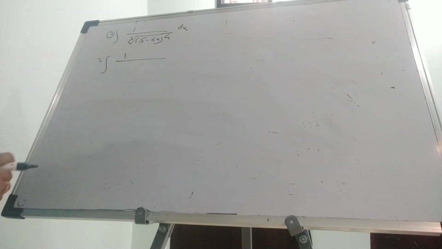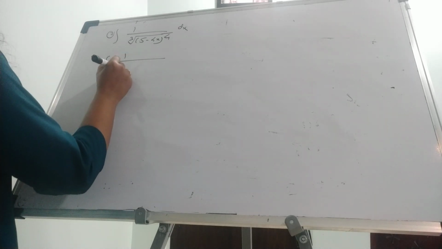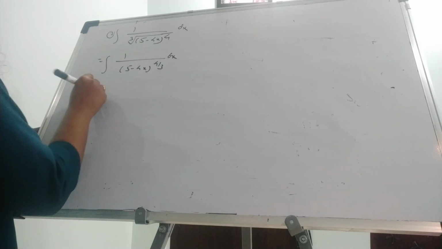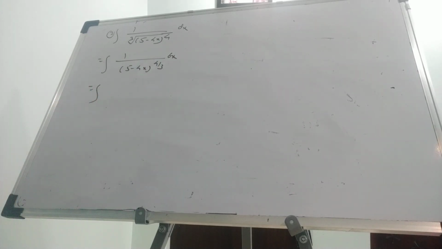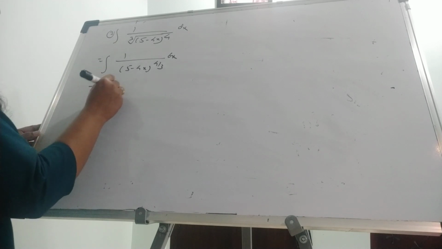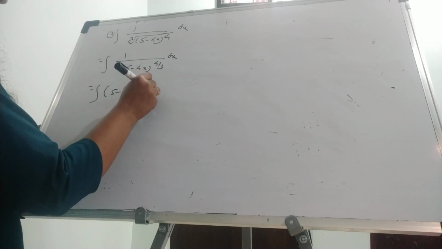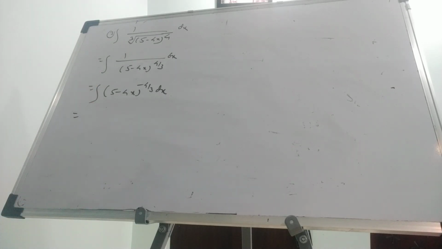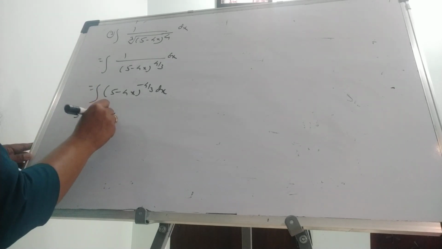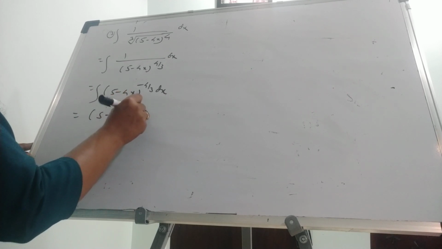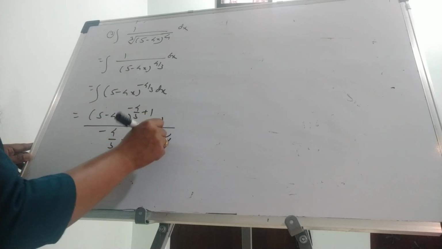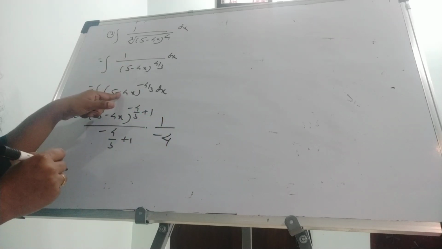Okay. Third root of bracket raised to 4, that is, this is 1 upon 5 minus 4x raised to 4 by 3. If we take this whole term in the numerator, index is negative, and then using your standard formula, ax plus b raised to n is ax plus b raised to n plus 1 upon n plus 1, n is negative there, divided by coefficient of x. Coefficient of x is minus 4.